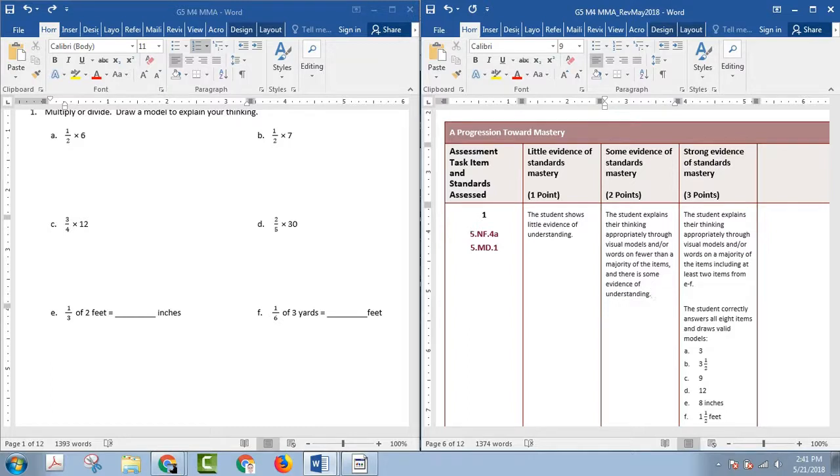There is some evidence of understanding. There is, the student work shows partial understanding, maybe that. There is evidence of a partial understanding of standards. Maybe something like that. So that helps distinguish between the 2 and the 1 where there's really nothing.